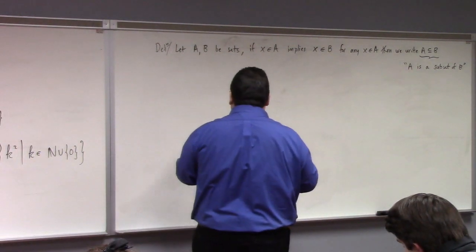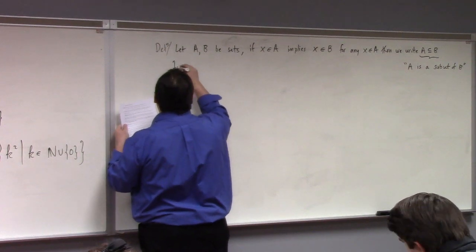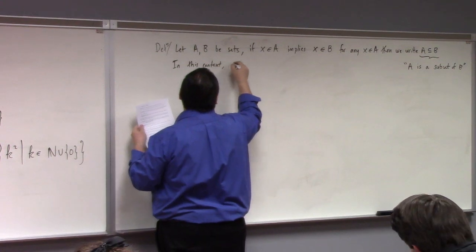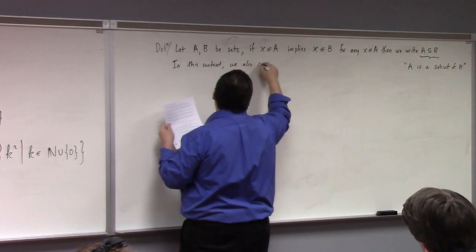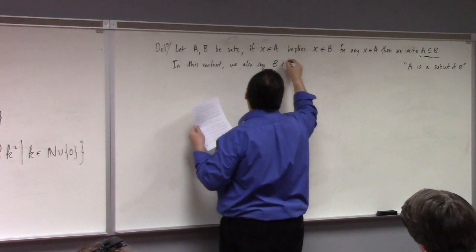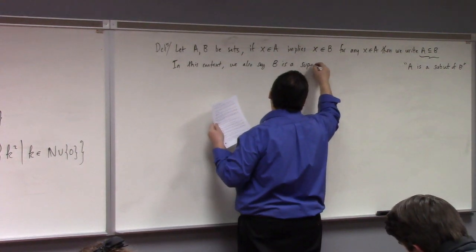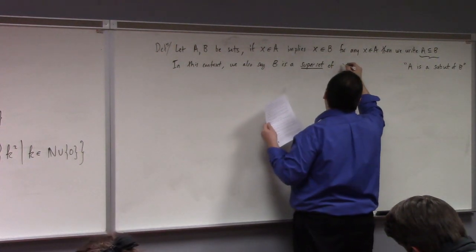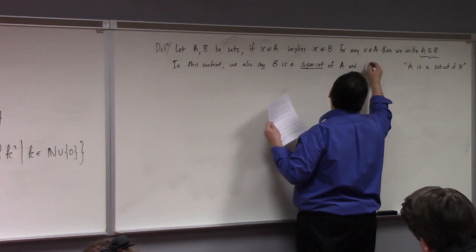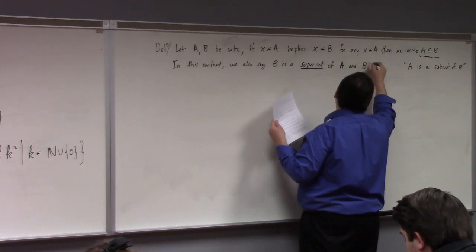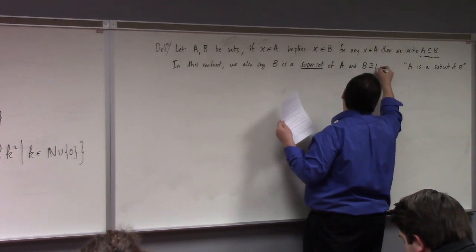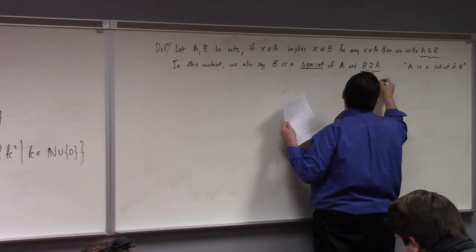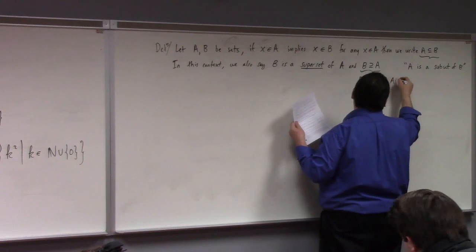A is a subset of B. In this context we also say B is a superset of A, and B contains A. So this is read B contains A.